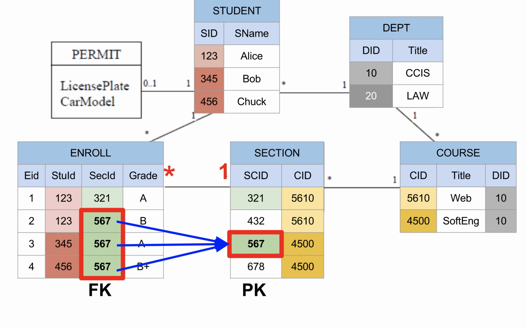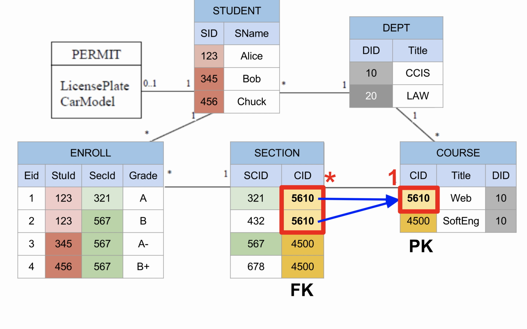And these foreign keys of enrollments are pointing to the section that these three students, 123, 345, and 456, are all enrolled in: section 567, course 4500. And this 4500, or 5610, refers to courses, right? For that particular section.